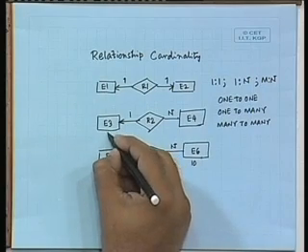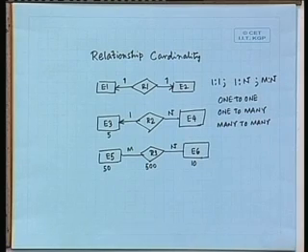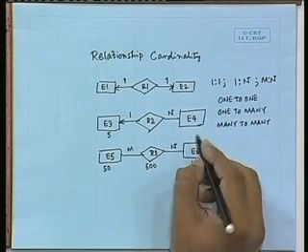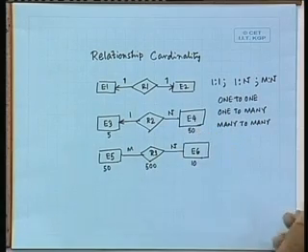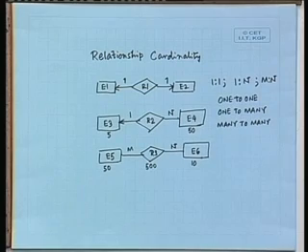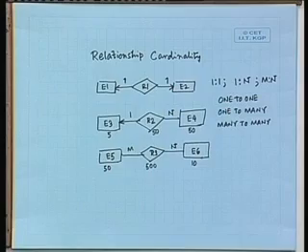say 5 suppliers. There are 5 suppliers, okay, and there are 50 orders. So, how many will be there in R2? It will be 50. Anybody having any doubt? You try to understand.